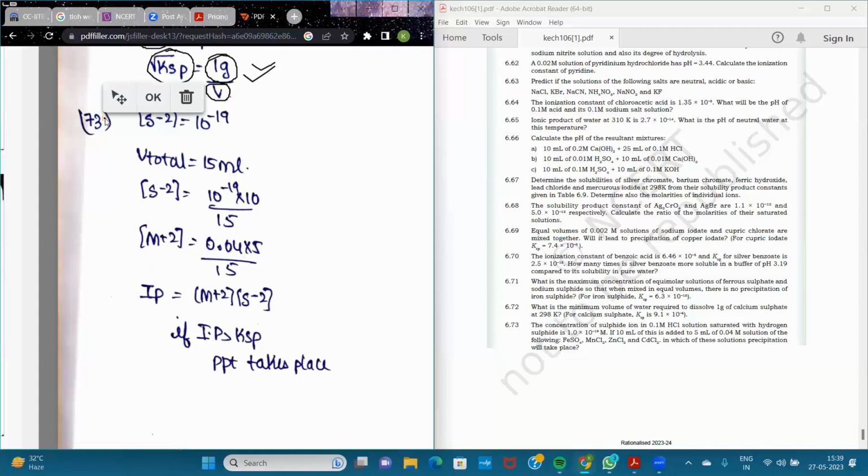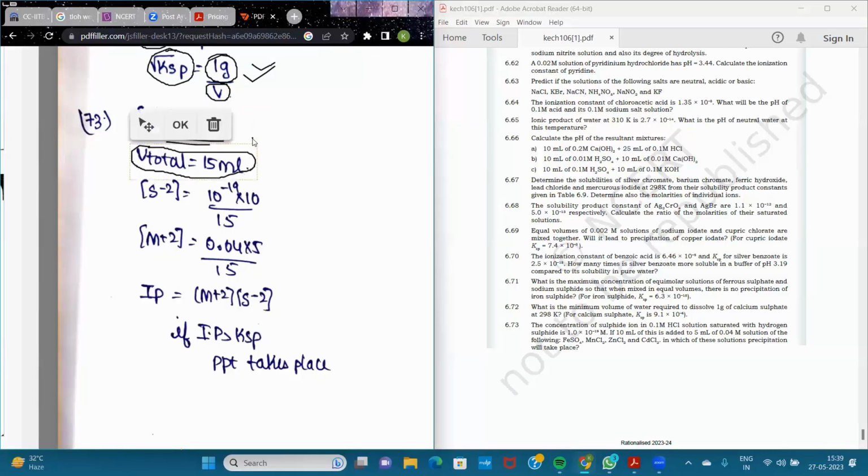Here, if we need to observe whether the mixing of these two solutions gives a precipitate or not, we need to compare the ionic product with the solubility product. To do that, initially the concentration of S minus 2 is given as 10 power minus 19 and total volume is given as 15 ml.